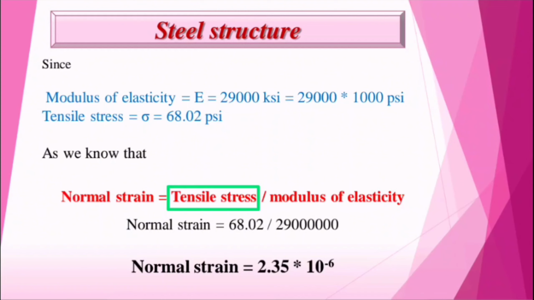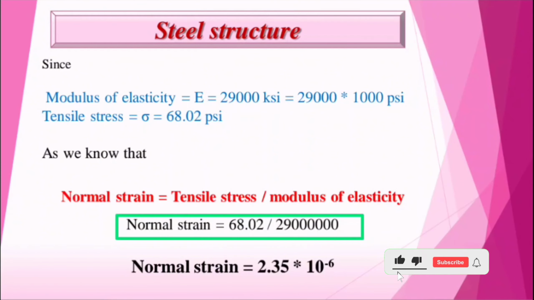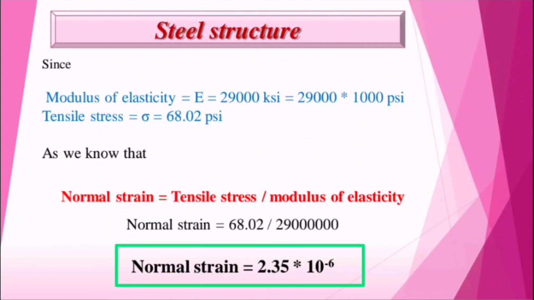By dividing the tensile stress by the modulus of elasticity, we get the normal strain, which is 2.35 multiplied by 10 raised to the power minus 6. This is the solution for part 2. So we solved for the maximum tensile stress and maximum normal strain.